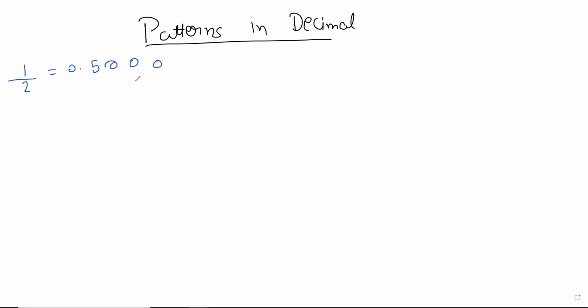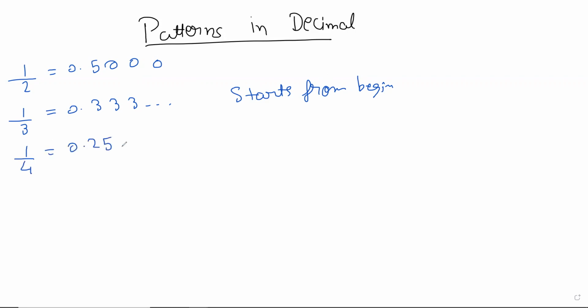If you look at the number 1/3, then we all know that this starts from the beginning, right? And then 1/4 will again not qualify as starting from the beginning, if we have to be precise. 1/5 also.